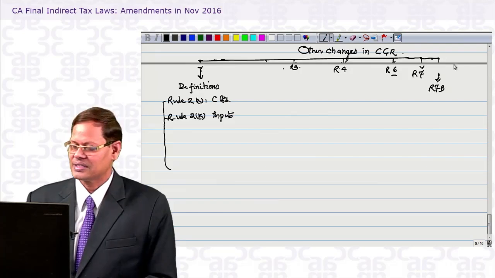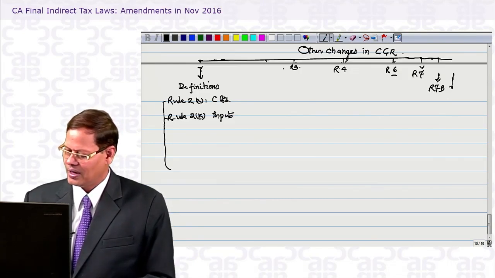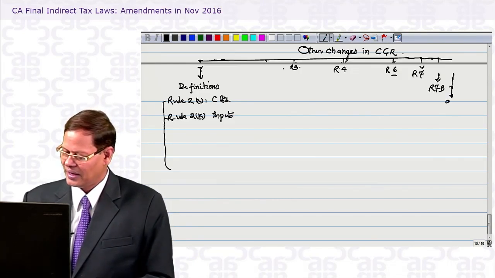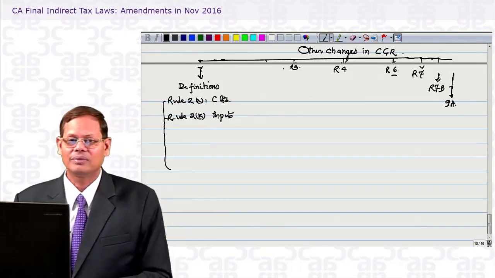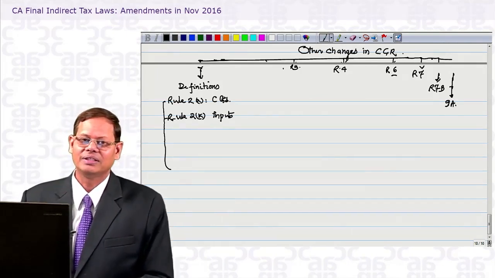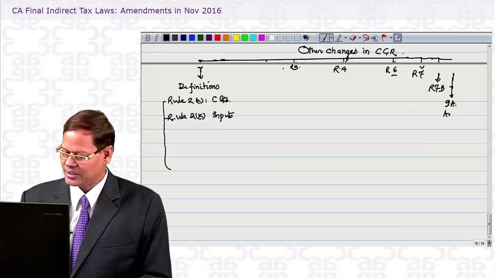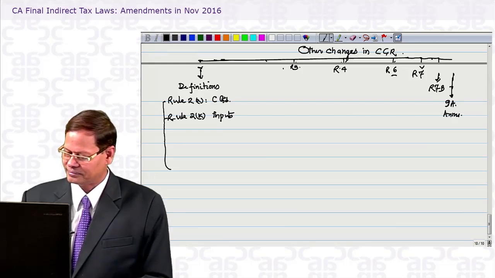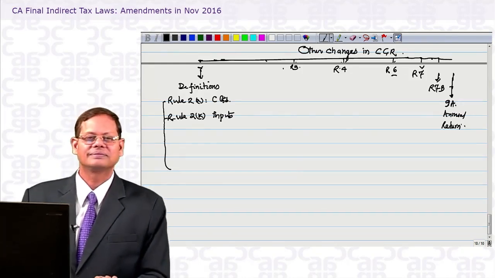Rule 9A is about filing of returns. They have changed the name and structure of the return. Now it is called the annual return.